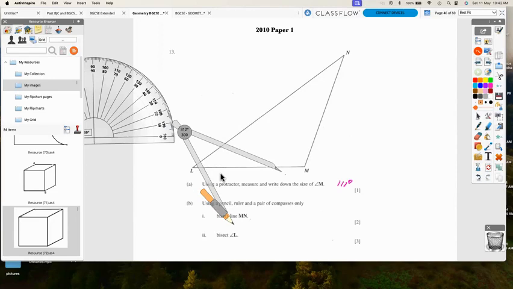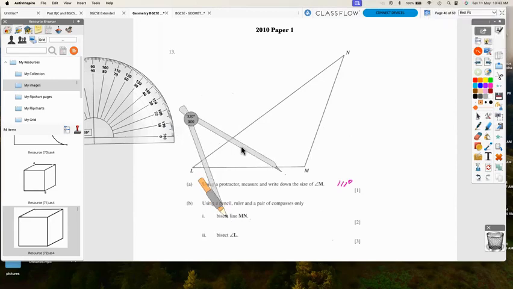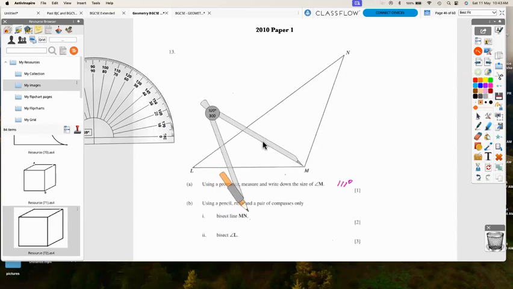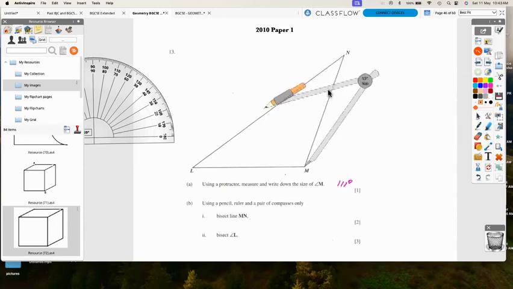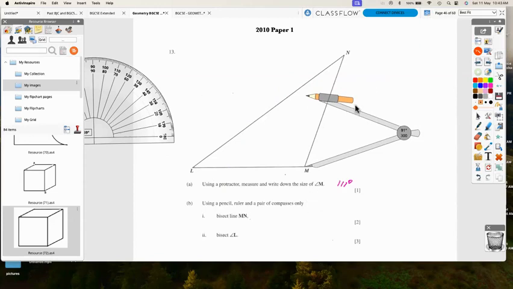We are bisecting MN. You put your compass point at M. You put the compass more than half of the line. Do you think I have more than half there? Yes, sir. So what do I do when I do that?